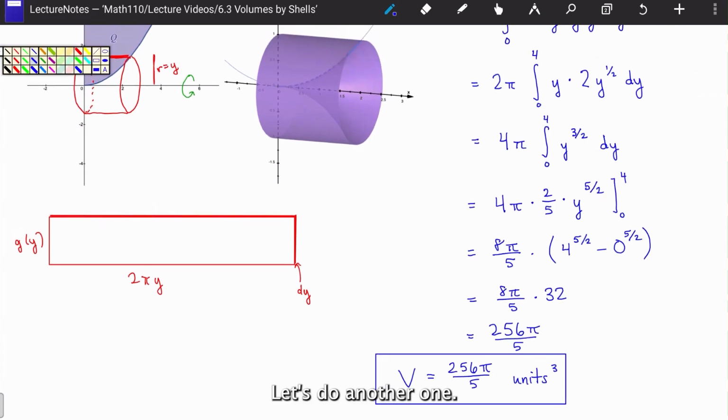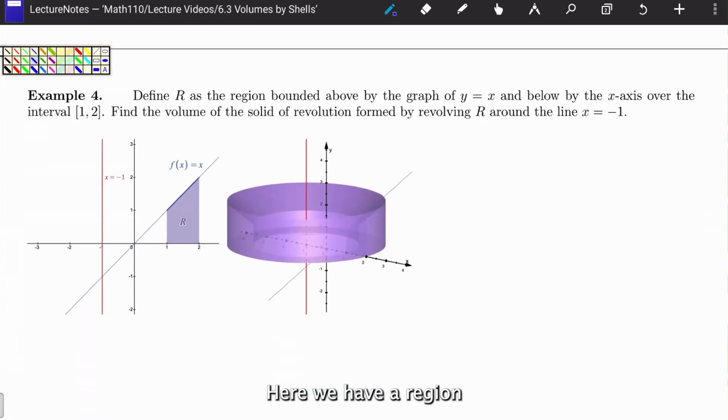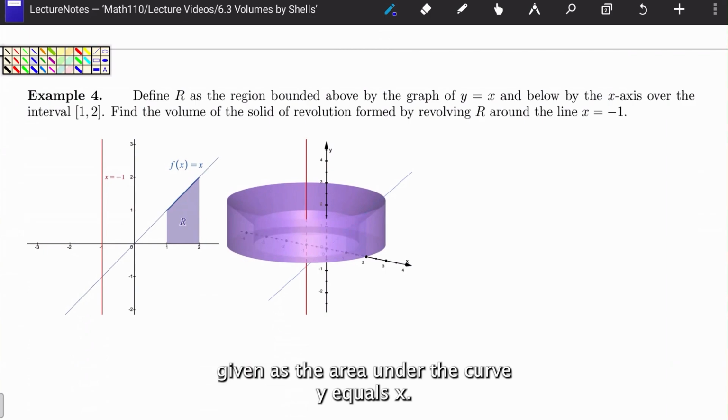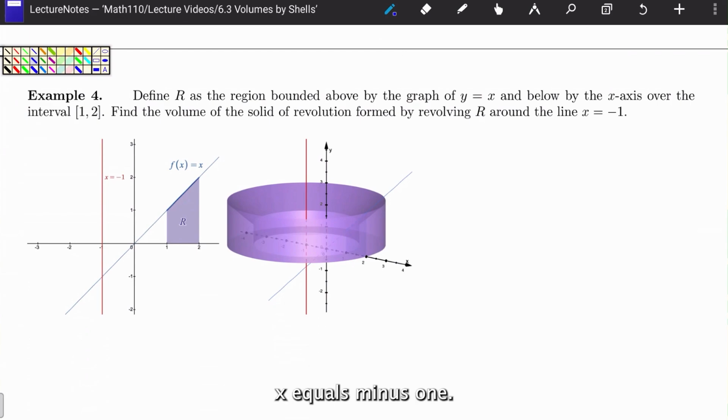All right, let's do another one. Okay, here we have a region given as the area under the curve y equals x. And here we're going to rotate it around the line x equals -1. Again, it is very good to think about building all of these parts of the picture.